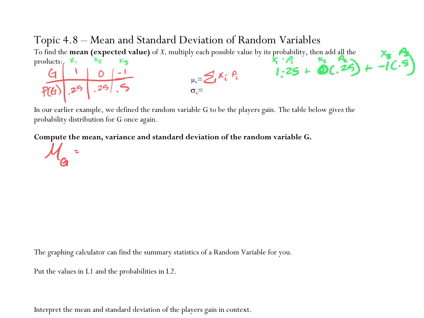I would do 1 times 0.25 plus 0 times 0.25 plus -1 times 0.5. And you guys, what do I get when I add all those things together? -0.25.